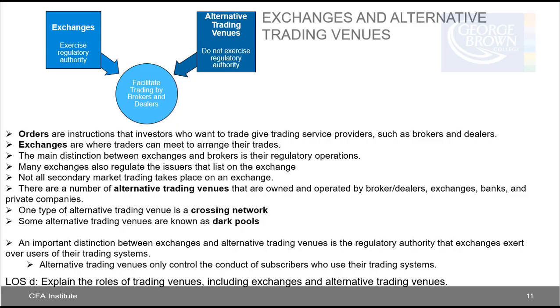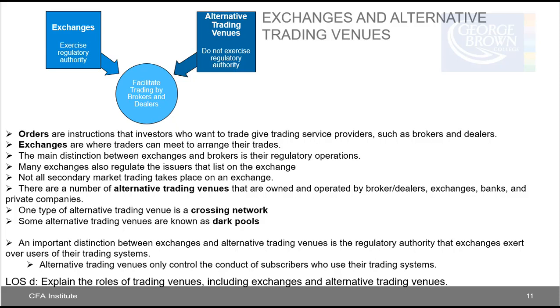So again, it's learning the language of the industry. Many alternative trading venues permit only certain traders or types of traders to use their trading systems, and each has their own set of rules. Some alternative trading venues operate electronic, computerized trading systems that are similar to those operated by exchanges.